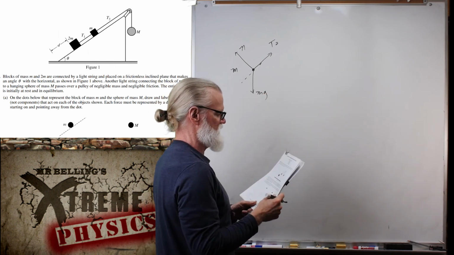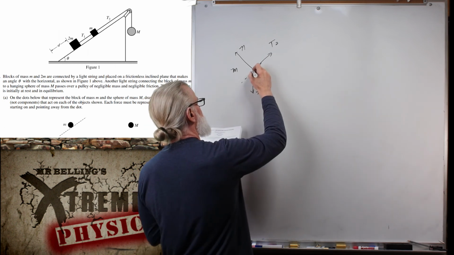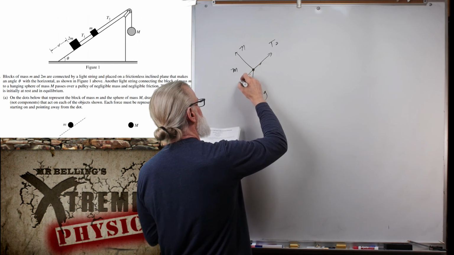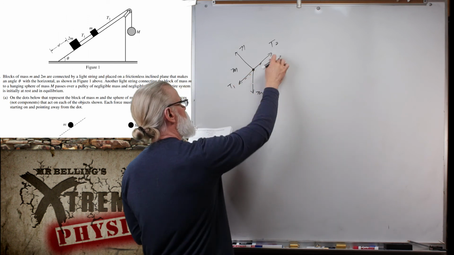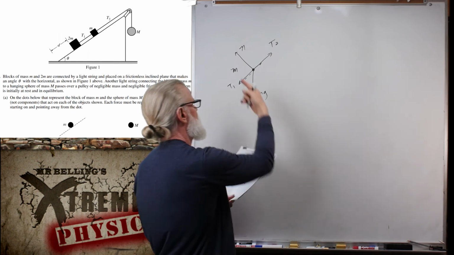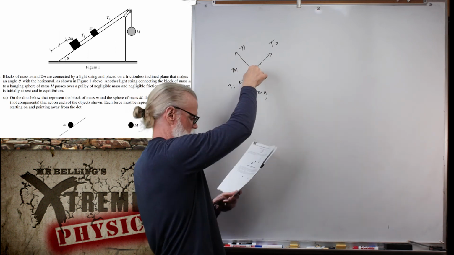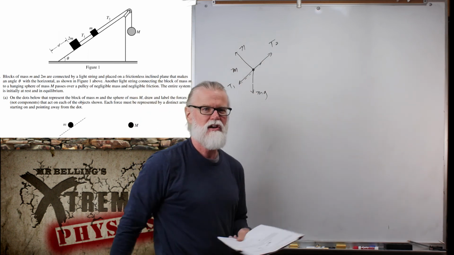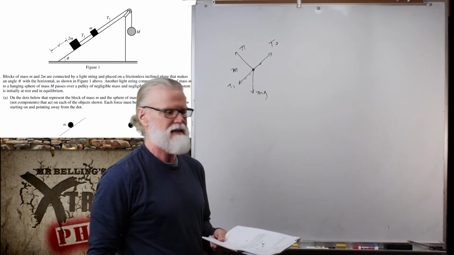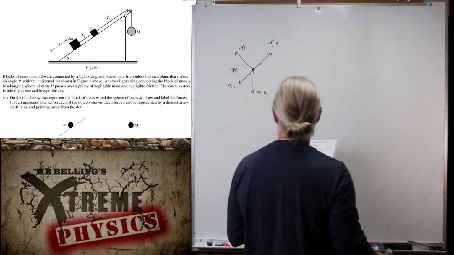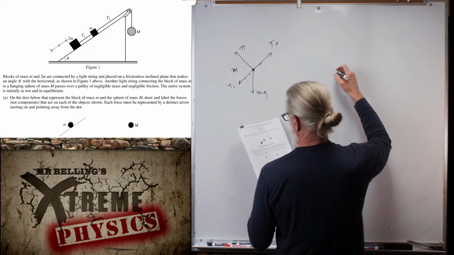And there was no friction, but we also had T1 like that. Okay, these two had to be parallel to the dotted line. This one had to be perpendicular, and this one had to be straight down. Make sure straight down towards the bottom of the page. All right. Hopefully that wasn't too hard.